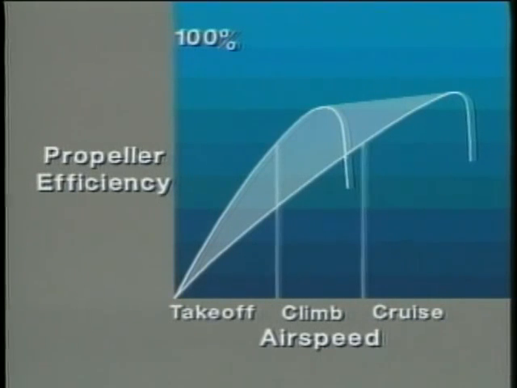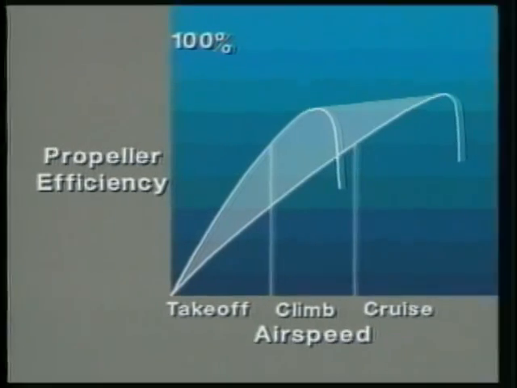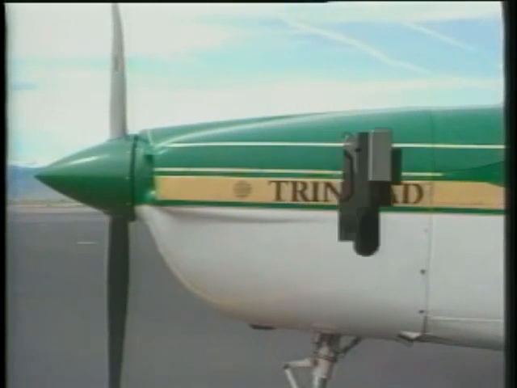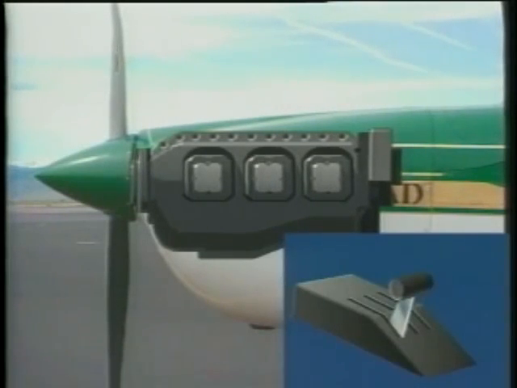Thus, constant speed propellers can maintain a high level of efficiency over a wide range of airspeeds. Before we get into the operational considerations of constant speed propellers, let's briefly examine the components of a typical system. These include the throttle, the propeller, or prop control, the governor, and the propeller itself.